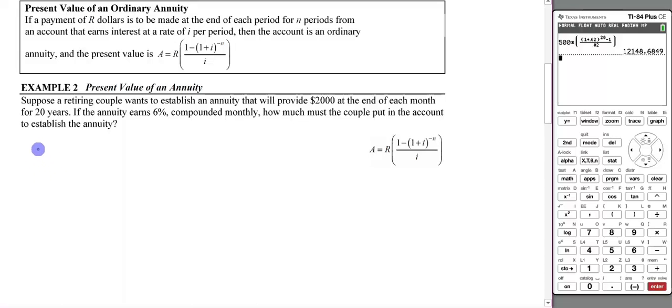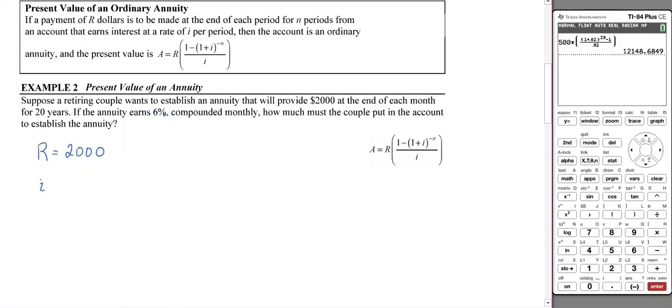So let's first start by identifying what our variables are. R is the payment that the couple wants to have at the end of each month for 20 years. That's the $2,000. I is the interest rate per period.